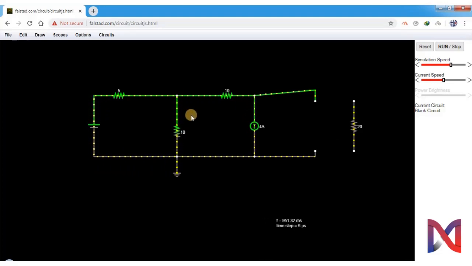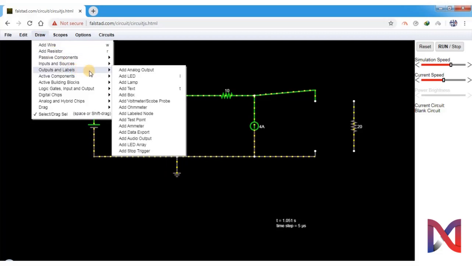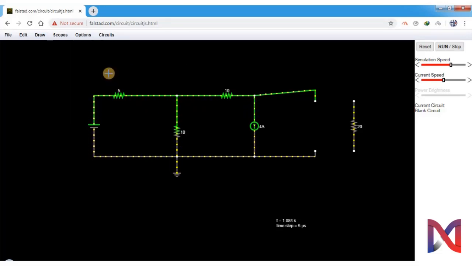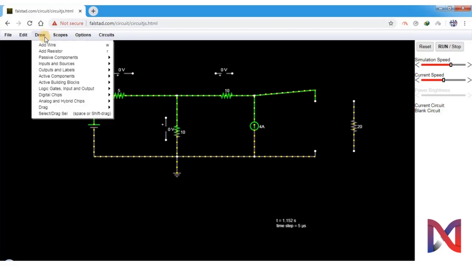What we do is we place 3 voltage meters and check the voltages at respective resistors so that we can simplify our simulation. So we'll go to draw, output and labels and place voltmeters here. Now we can connect the voltmeter through wires.